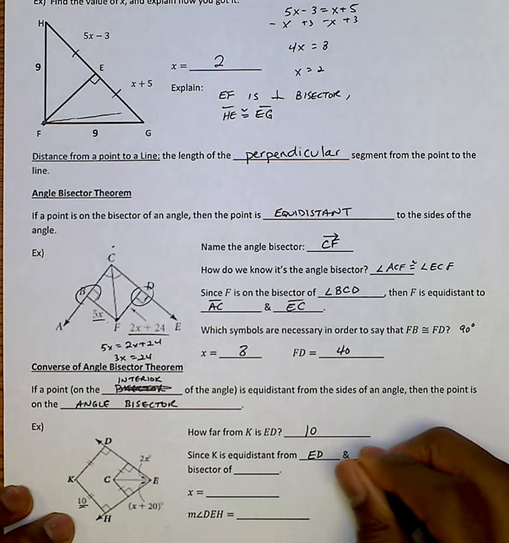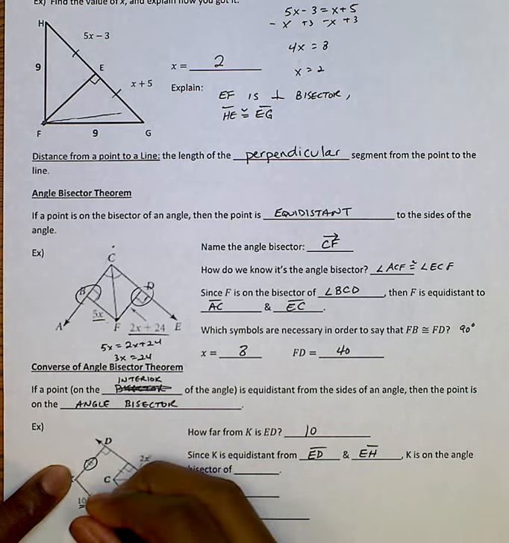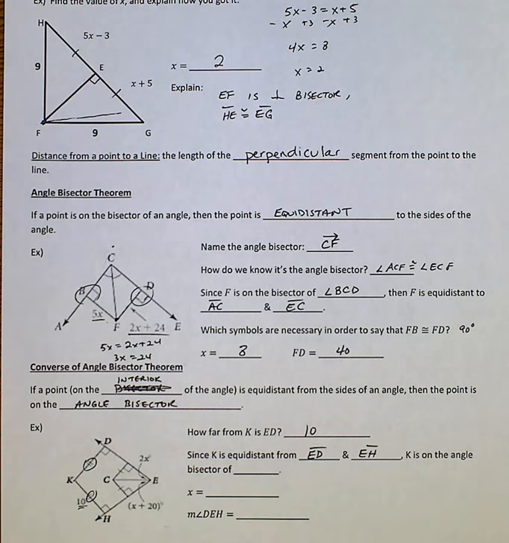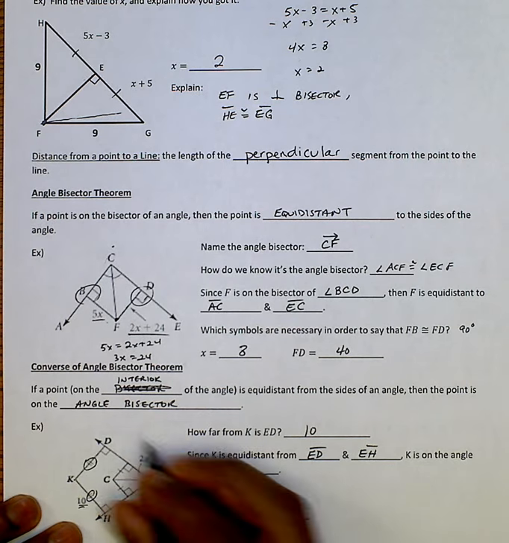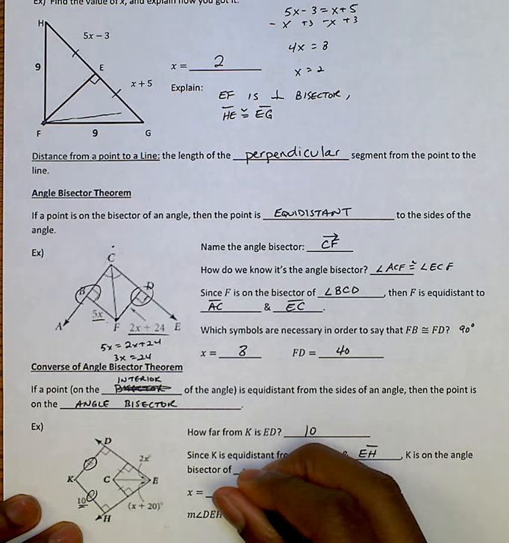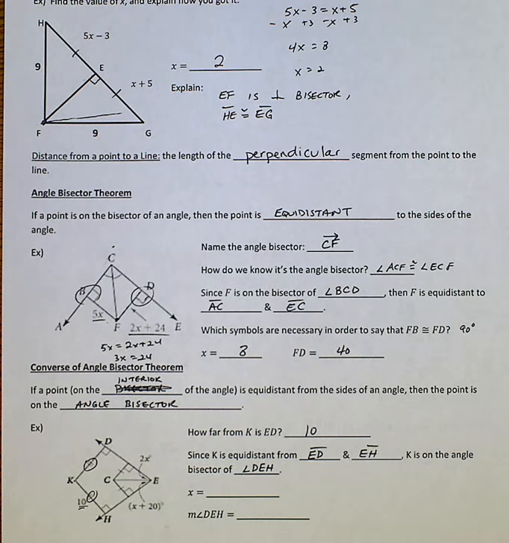I'm not just assuming that. They give us markings that say these two are equidistant. Since K is equidistant from ED and EH, then K is on the angle bisector of angle DEH. I could say angle E, I guess, in this case.